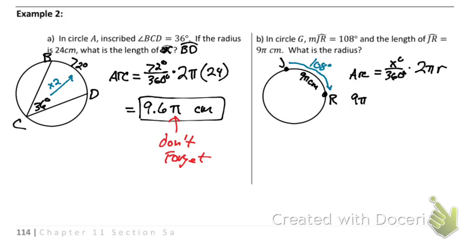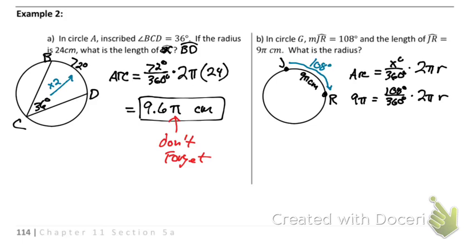So that's going to be 9 pi equals, I also know the degree measure. That's 108 divided by 360. 108 would have made it way too easy, right? Maybe 108 degrees divided by 360 times 2 pi r.